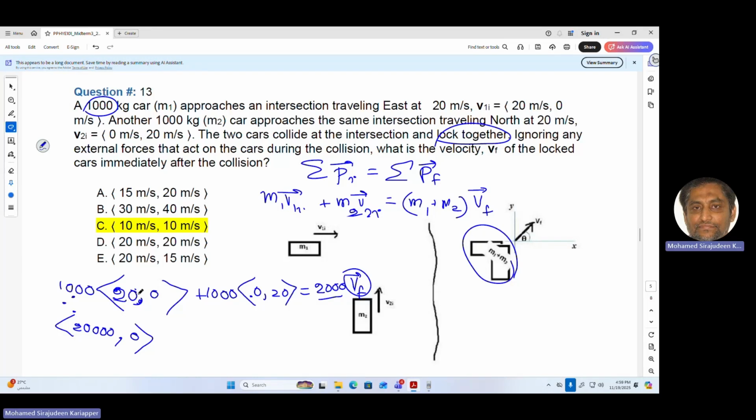Okay, all right. So 20,000 plus 1000 into 0 is 0. 1000 into 20 will be again 20,000, equal to 2000 VF. Let me move a little down.